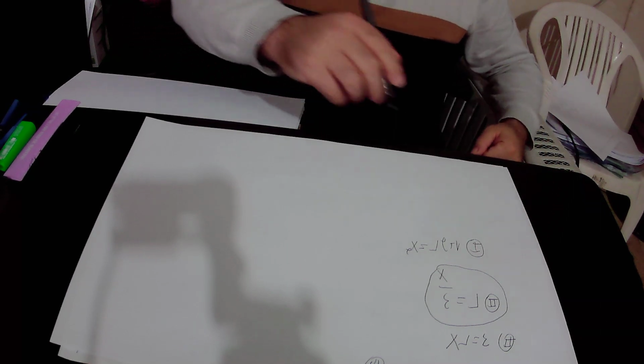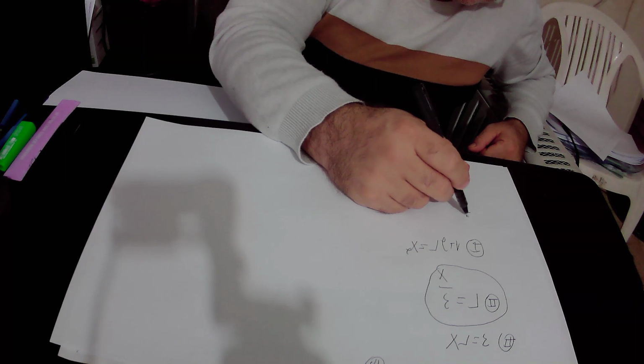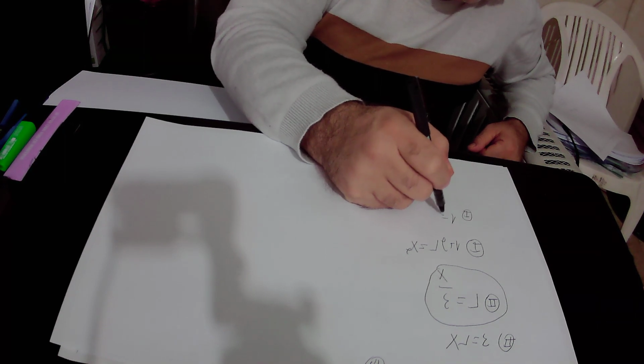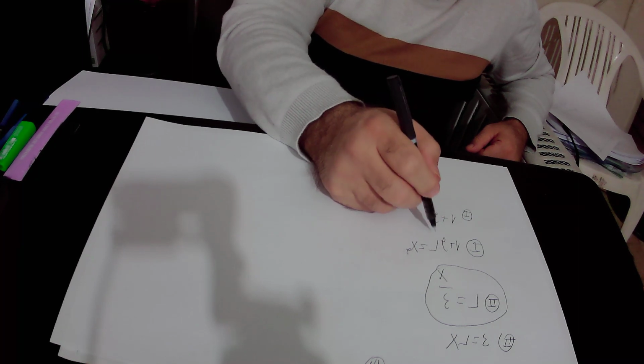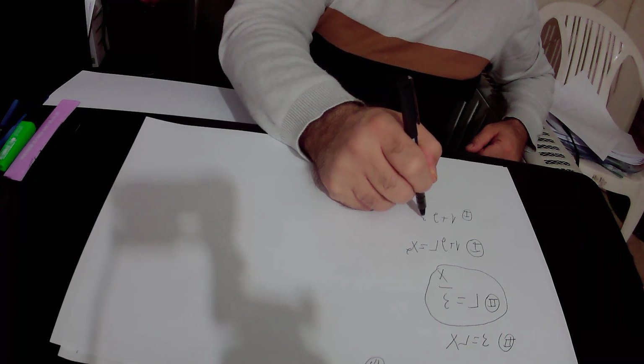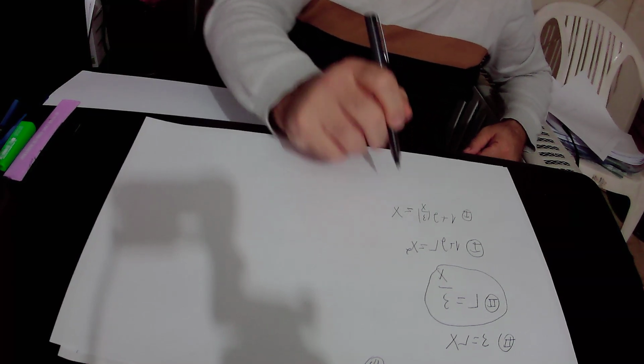So we will do it now. We will substitute r by 3 over x. We will get that 1 plus 2r, where r is 3 over x, equals x squared.